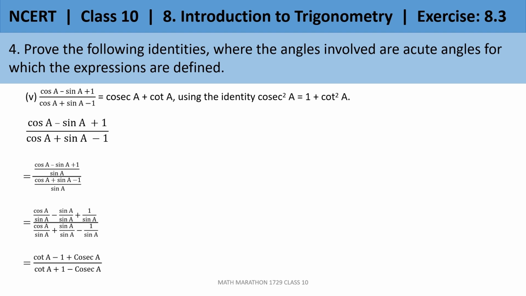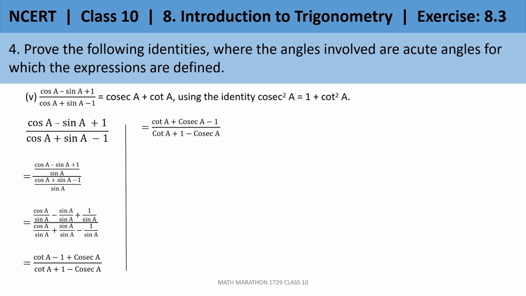Is equal to cot A minus 1 plus cosecant A by cot A plus 1 minus cosecant A. In numerator, the expression has been rearranged. We know that cosecant square A is equal to 1 plus cot square A. So, 1 is equal to cosecant square A minus cot square A. In numerator, we have 1.